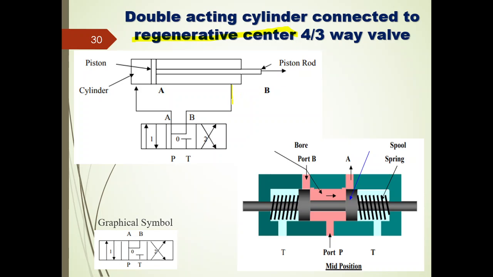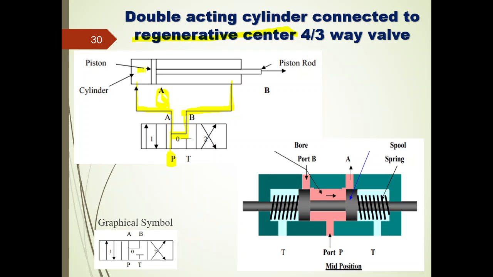In this case, what we are doing is connecting the hydraulic fluid which is coming from the rod end side again to the pump flow, right? So we will have the usual flow from P to A, right? Along with this Q amount of fluid, we will be adding some more fluid which is coming from the rod end side.